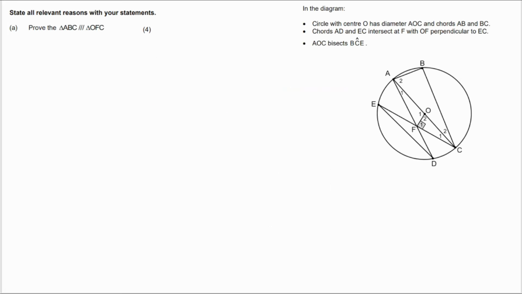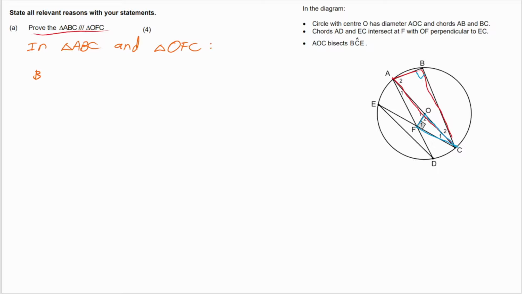All right, now they say we have to prove triangle ABC is similar to OFC. So here's ABC, and OFC is here. Remember this is 90 degrees. So in triangle ABC and triangle OFC, what do we have?